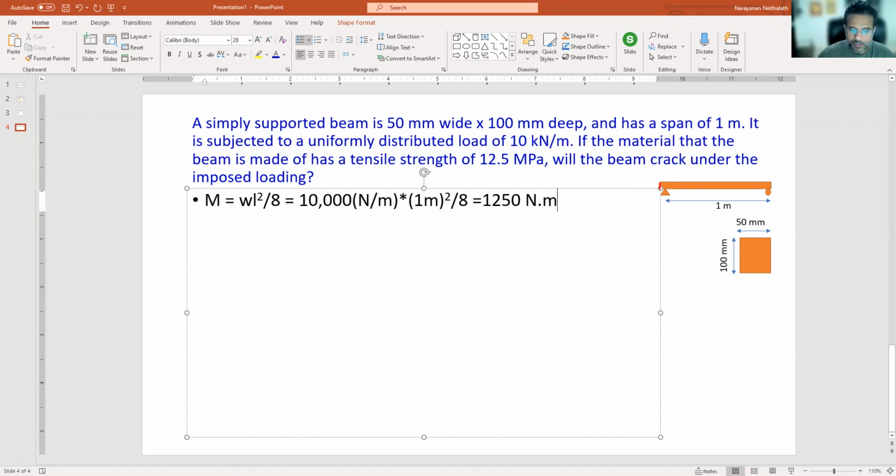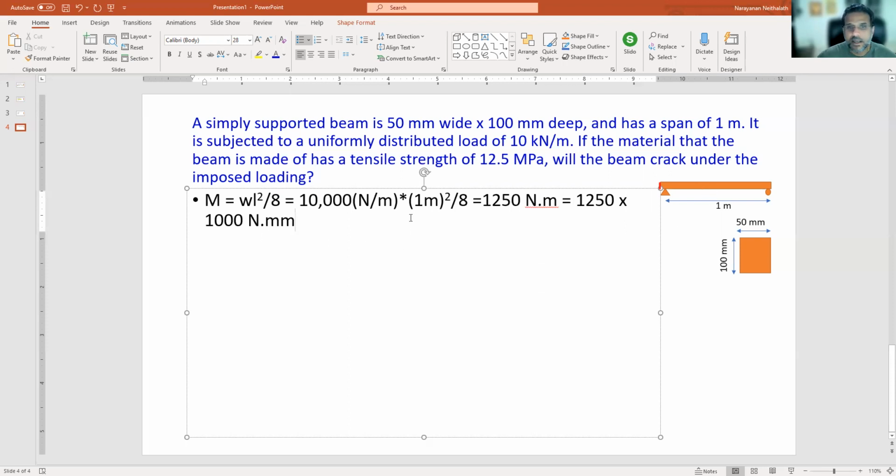Newton meter, which is equal to 1,250 times 1,000 Newton millimeters. So everything is in newtons and millimeters so that we are consistent in our units.